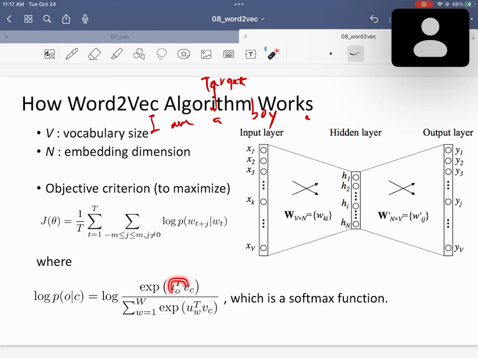So, and in the old days, I'm not sure if this is still a thing, people used different sets of vectors. For example, at some point this will be the target, right? So when this is the target, boy is a context, but when this is the target, A is a context.